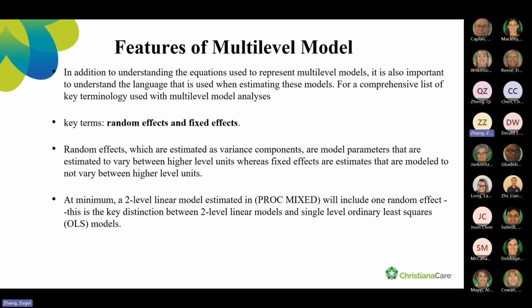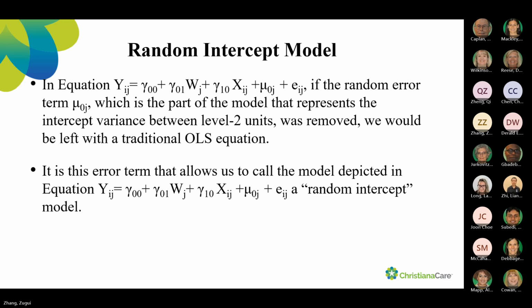So when we talk about multi-level modeling, at minimum, a two-level linear model should be considered. If we do not consider a hospital level, that will be the regular regression model.